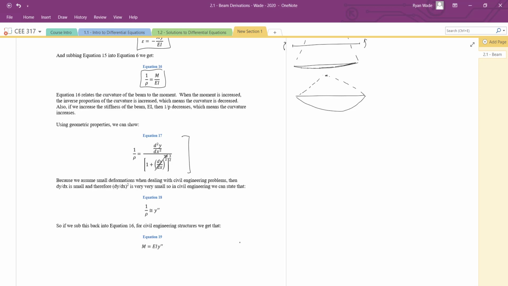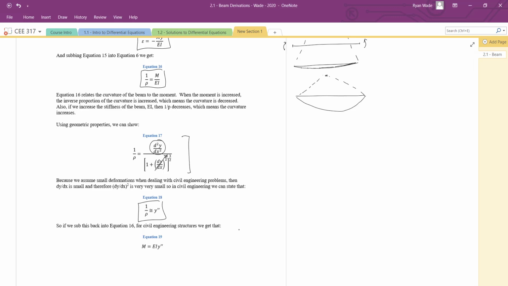And then we can state that the curvature is related to the second derivative of y, which means that 1 over the curvature is pretty much y double prime, the second derivative of y with respect to x.